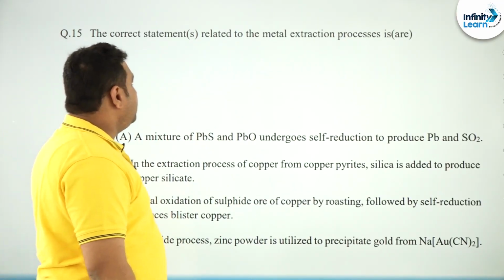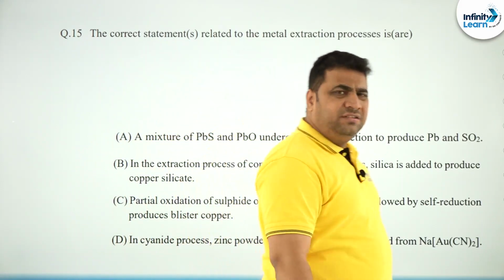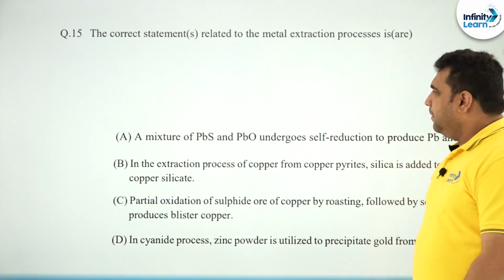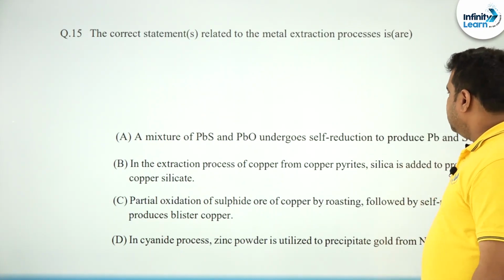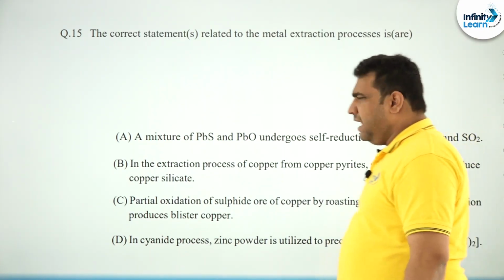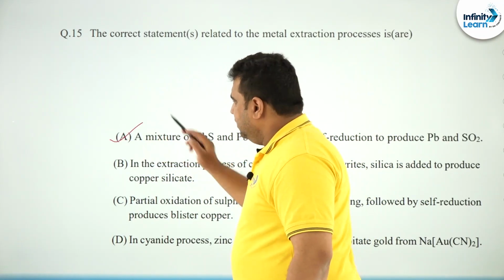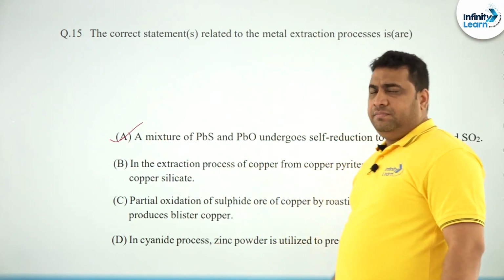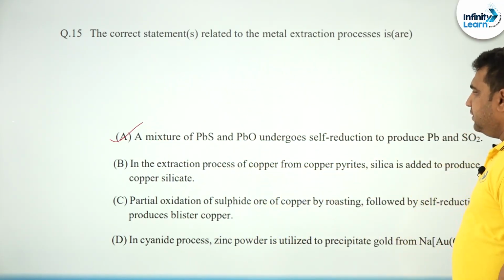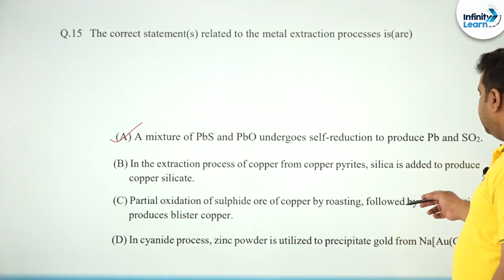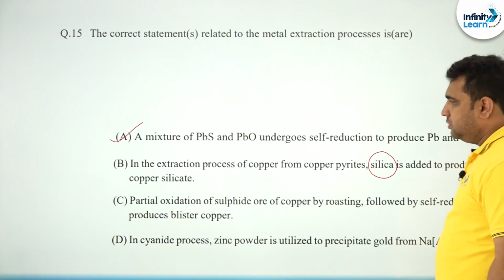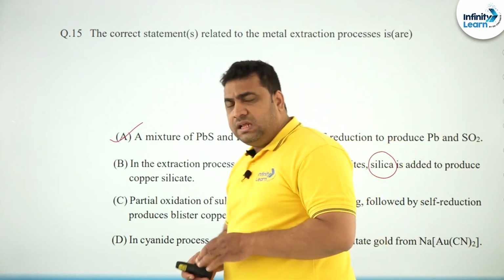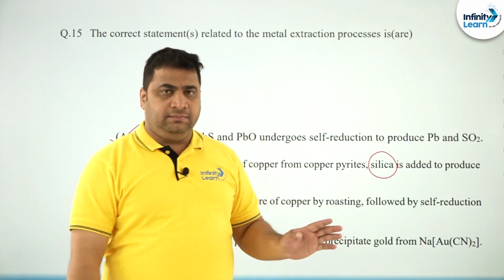Now, the correct statements related to the metal extraction process. This is also an easy question. A mixture of lead sulphide plus lead oxide undergoes self reduction to produce lead plus sulphide. Yeah, this is a direct statement from NCERT metallurgy. In the extraction process of copper from copper pyrites, silica is added to produce copper silicate. See, silica is acidic in nature.